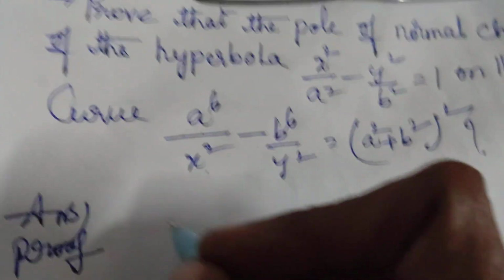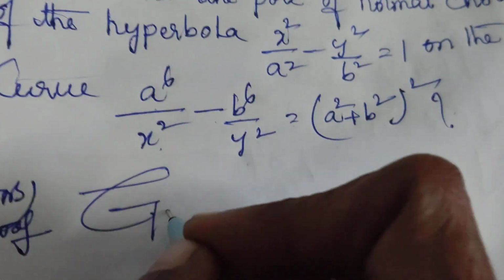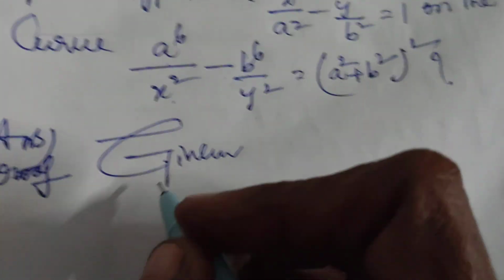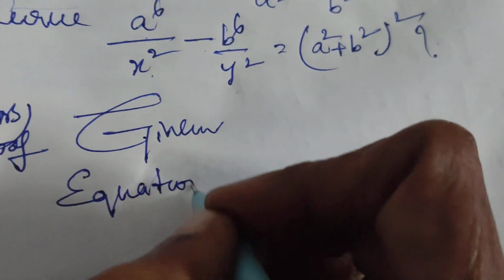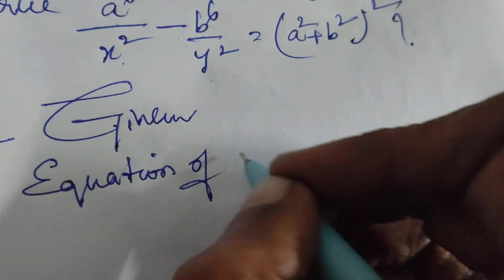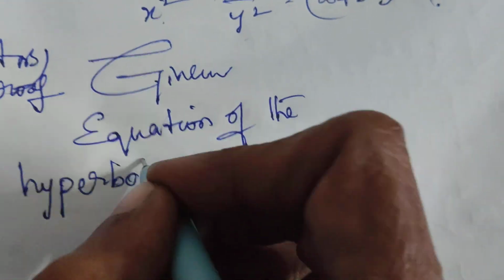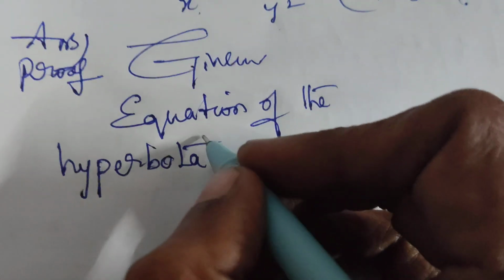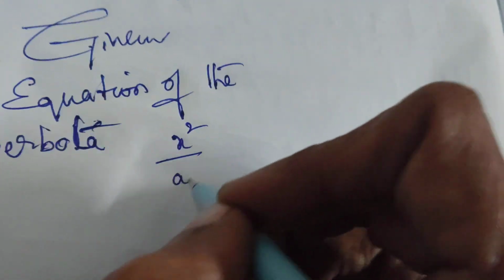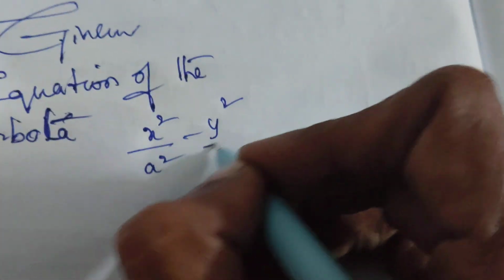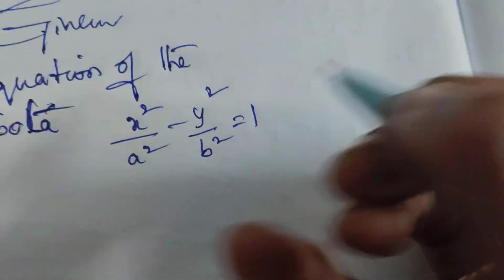To prove this, first of all, write the given equation of the hyperbola, that is x square by a square minus y square by b square equals to 1.